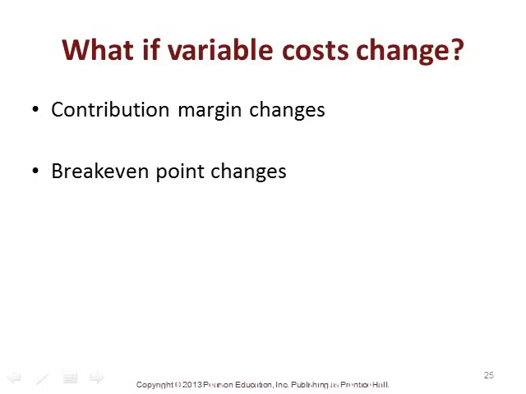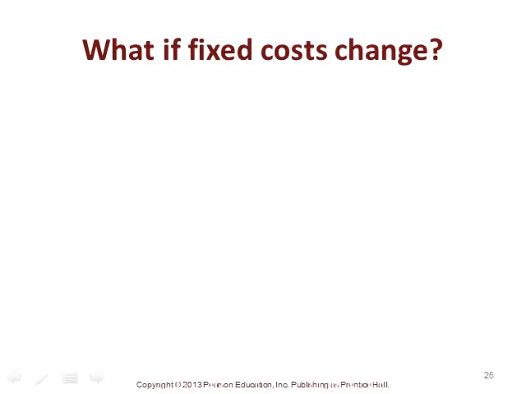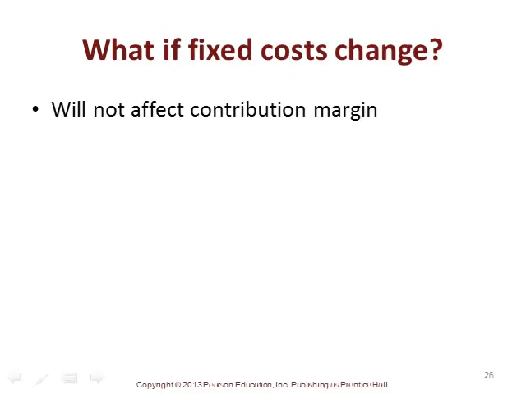So if we have a decrease in fixed dollars, we will yield a lower break-even point. If we have an increase in fixed dollars, we will yield a higher break-even point. And so again, we talk about what happens with fixed costs.